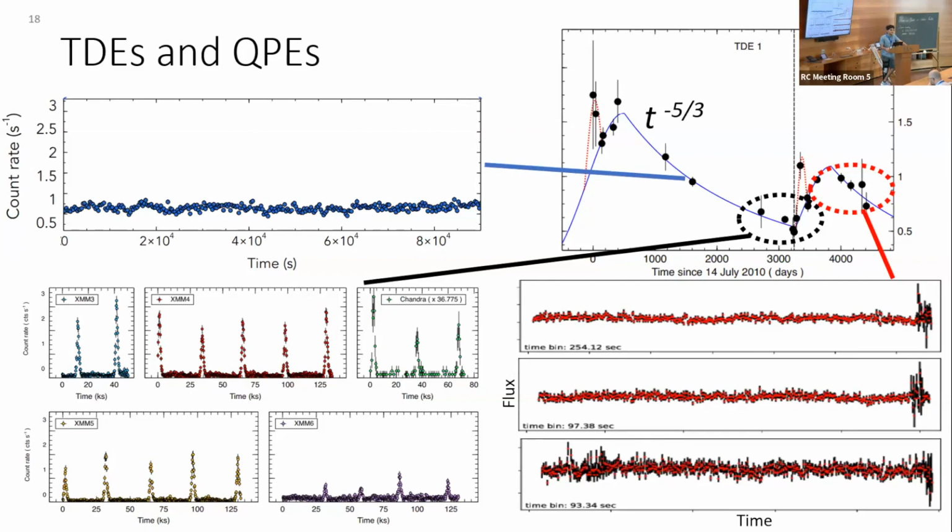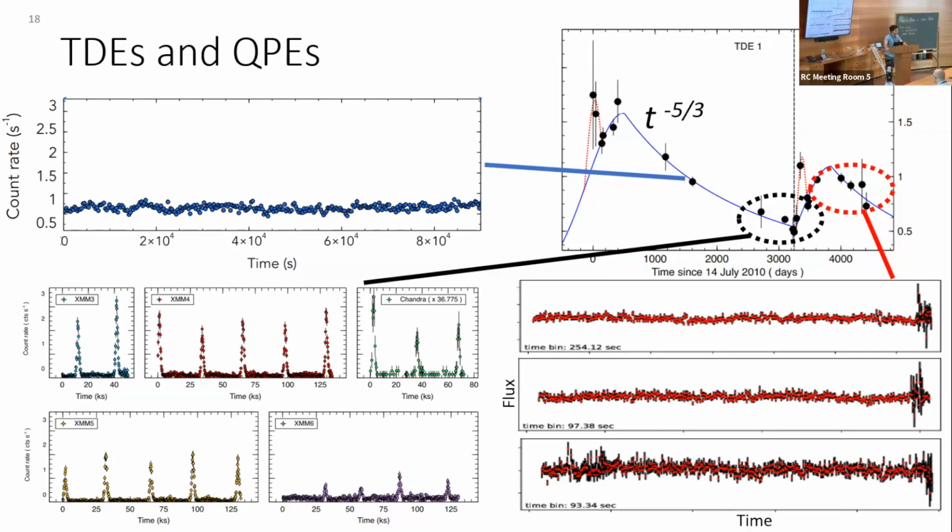And I don't think we see it in RX 1301, but that source is also quite irregular. So in general, we just don't see the quiescent emission in many of these sources. If it were detected in Euro QPE1 and QPE2, which is the other very well-behaved candidate, that would be interesting.